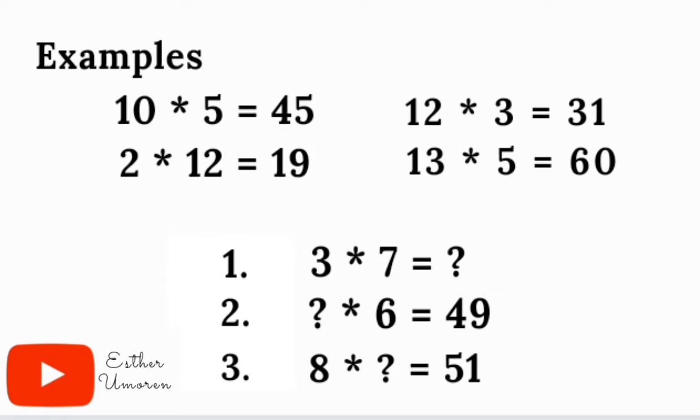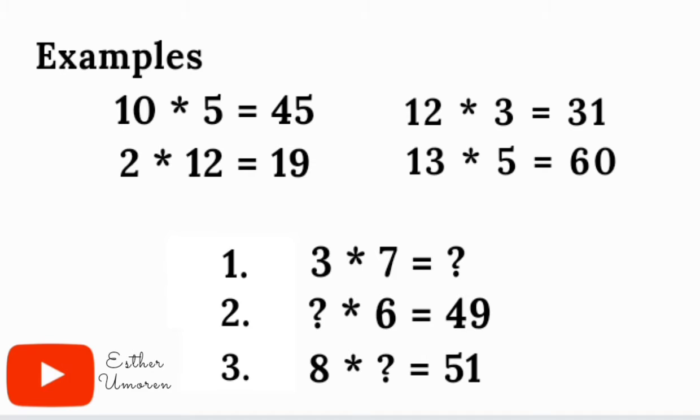Let's use that knowledge now to solve questions number 1, 2, and 3. Remember, the first step is multiplication and then subtraction by 5. Note that this pattern works because what we are subtracting from the answer is constant. We are taking out 5 from the answer, which is constant for all of them.